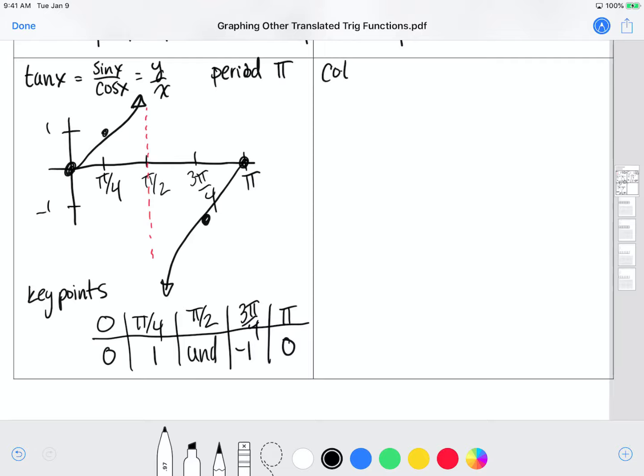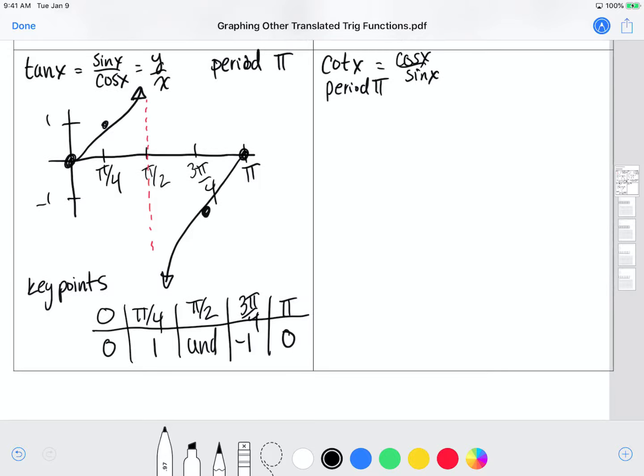For cotangent, again, it has a period of pi. And cotangent is cosine x over sine x. So my asymptotes are going to occur whenever sine x or y is 0.